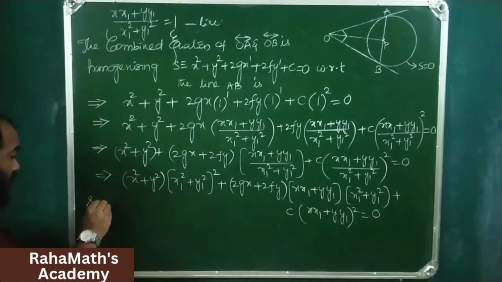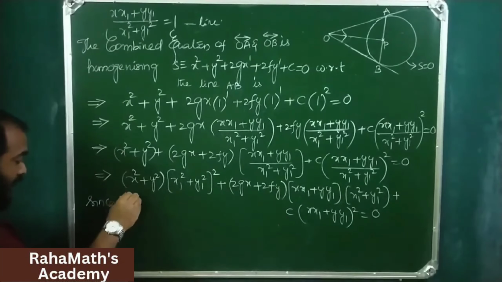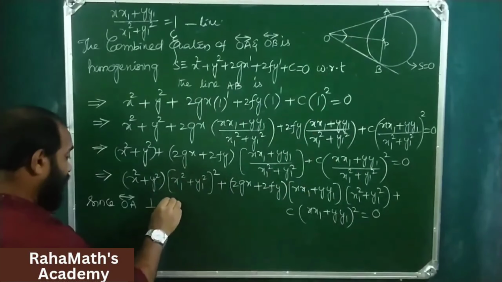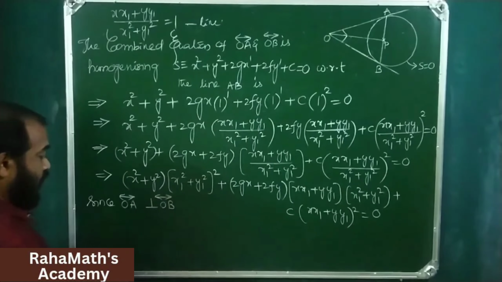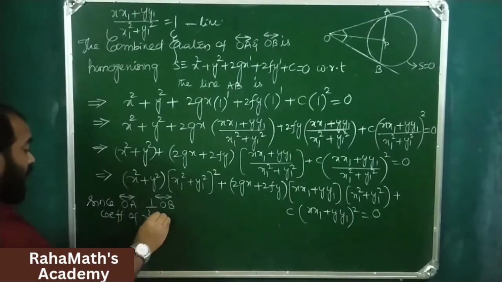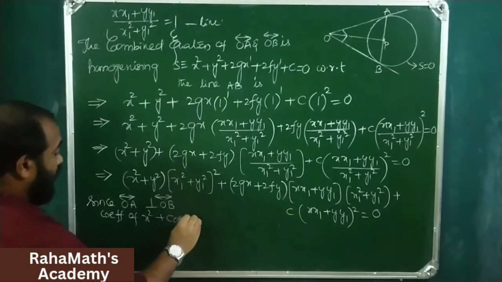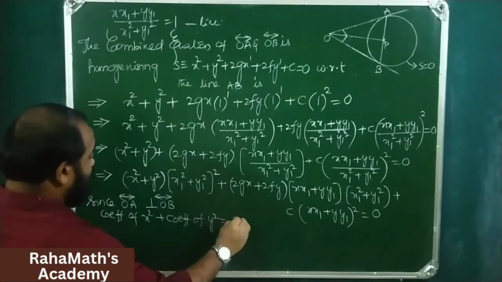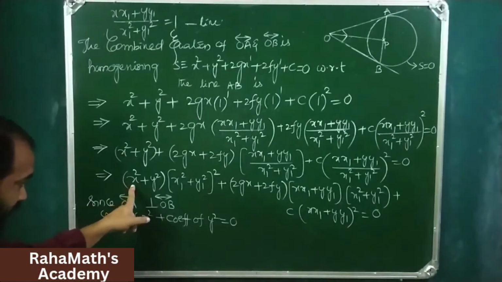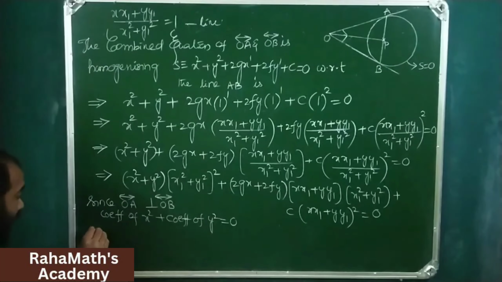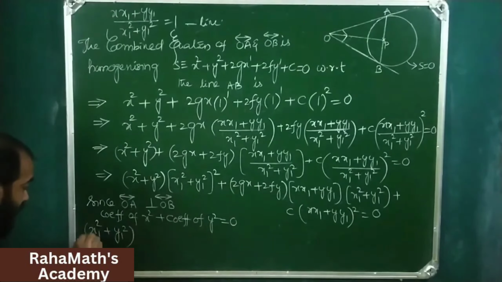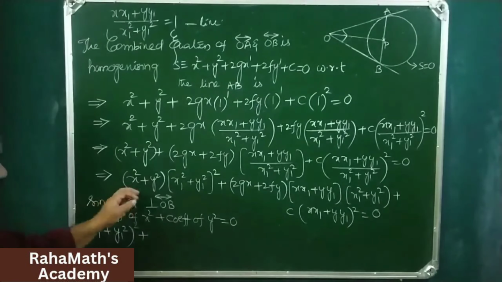So since OA is perpendicular to OB, coefficient of x square plus coefficient of y square should be equal to 0. What is the coefficient of x square here? The coefficient of x square is this: x1 square plus y1 square whole square, x square into this.